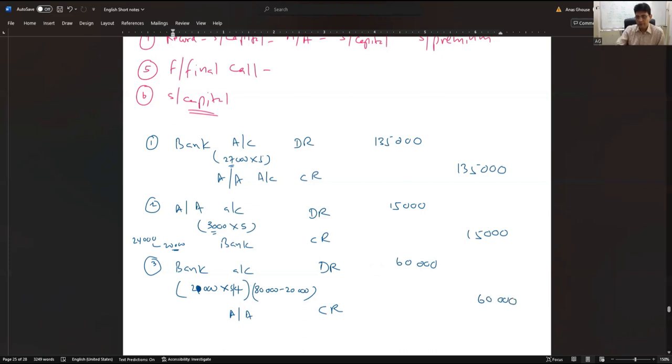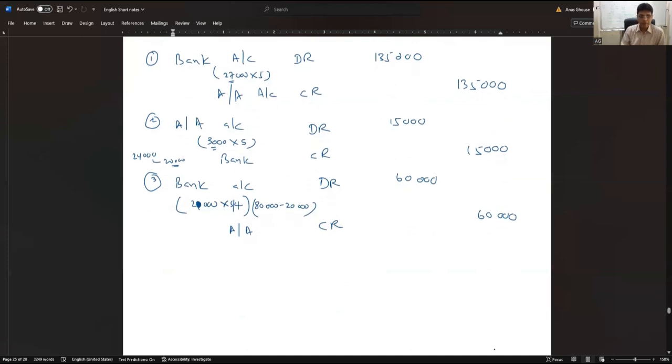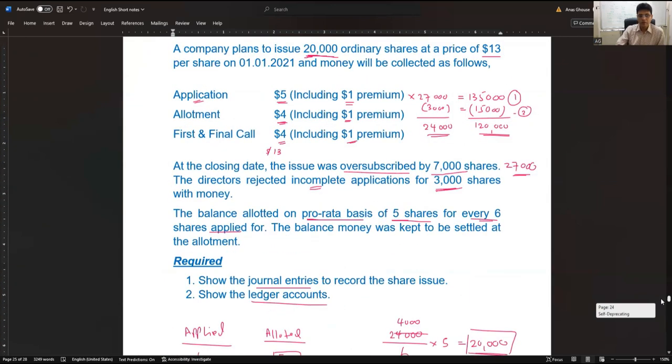Now we need to transfer this application and allotment account to the share capital account and the share premium account. So the total amount to be collected on application and allotment will be $9. This includes a premium of $2, 1 plus 1, $2. So therefore, $7 is to be transferred to the share capital account, and this $2 will be transferred to the share premium account.